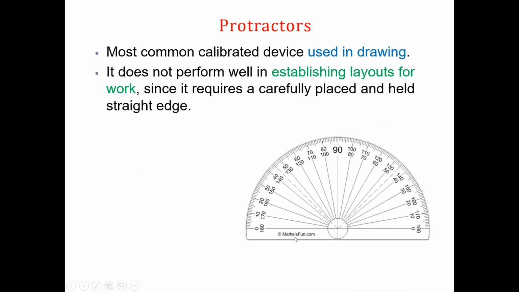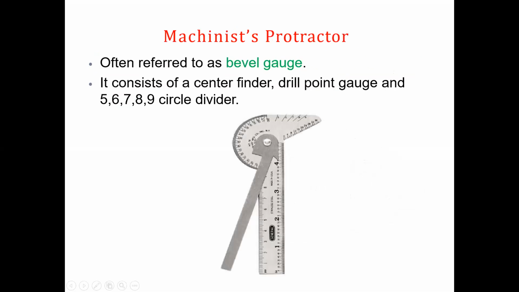The machinist protractor is used by the machine shop operators. Next one, the arm protractor. It is somewhat accurate when compared to the previous protractors. It has an arm. It can be used for measuring any angle, or for setting any angle.